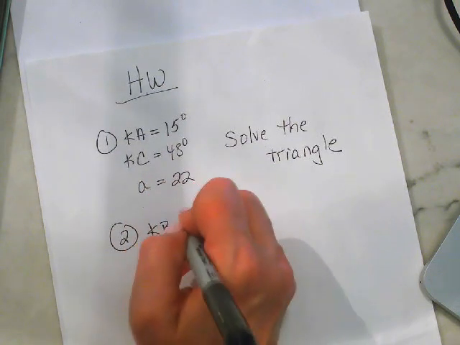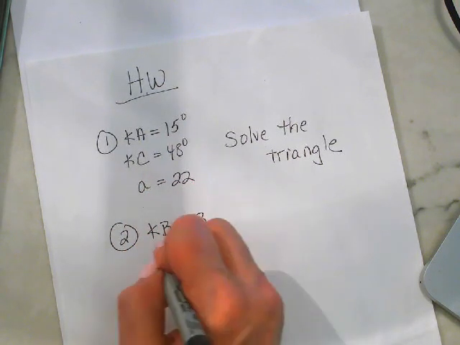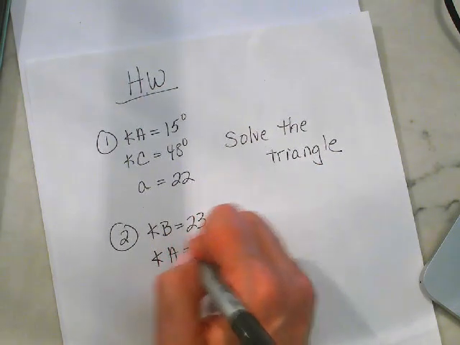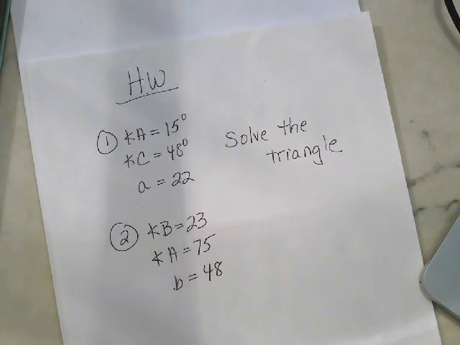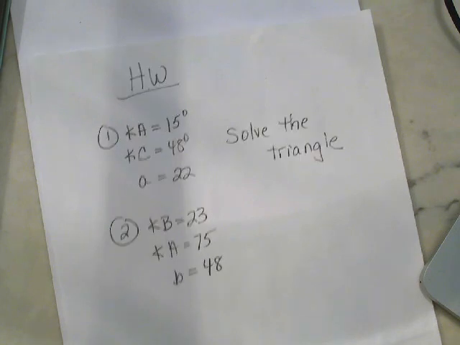And I'm going to give you one more. Okay, angle B is 23, angle A is 75, and little b is 48. Okay, so solve the triangle on both these, okay?